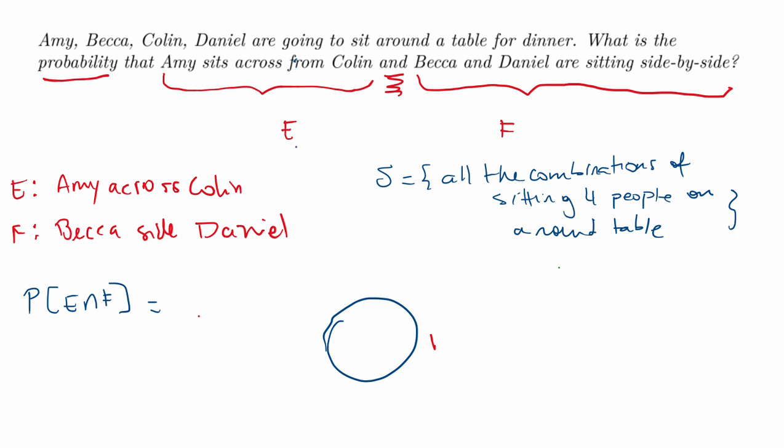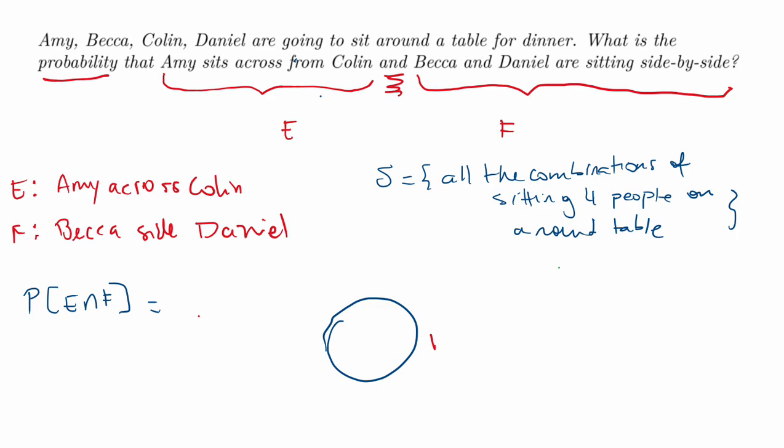The first event, which I'm calling E, is the event of Amy sitting across from Colin. And the other event, which I'm calling F, is Becca and Daniel sitting side by side. The question is, what's the probability that E happens and F happens?